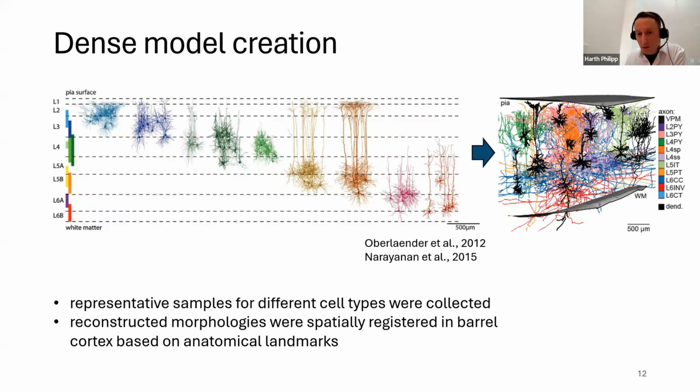I think there should be data sets available that provide you with information about these vascular structures. It depends, of course, on the brain region. I'm not aware of any such data set for the mouse or the rat barrel cortex. So it depends on which area you would be interested in.